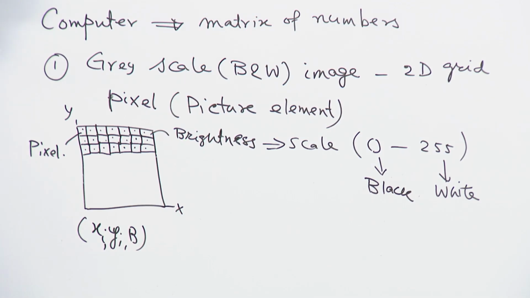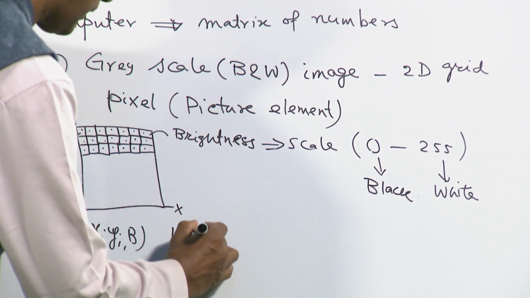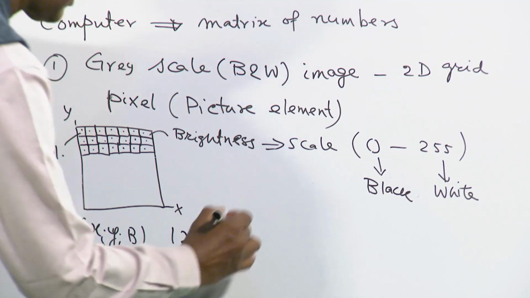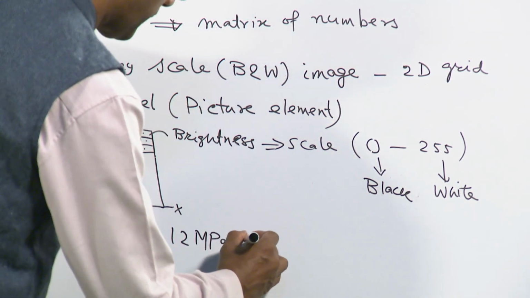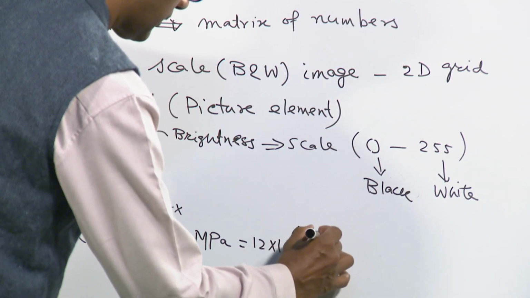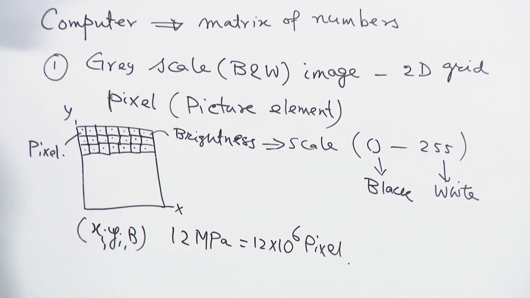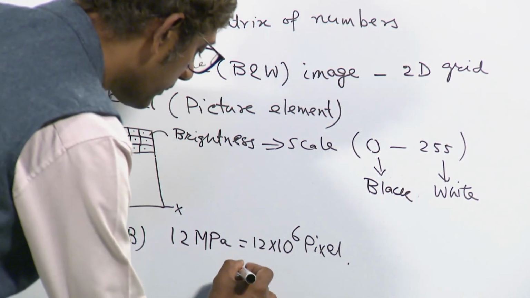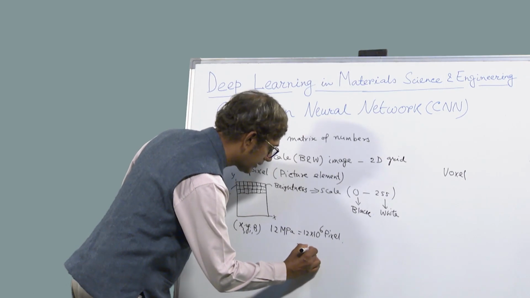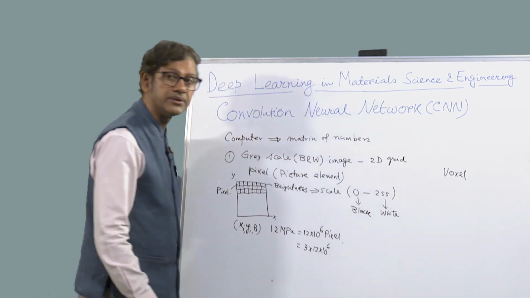So, if you have a black and white image of 12 megapixel, that means 12 into 10 to the power 6 pixels, and each element has 3 coordinates. So, the total number is 3 into 12 into 10 to the power 6 elements.